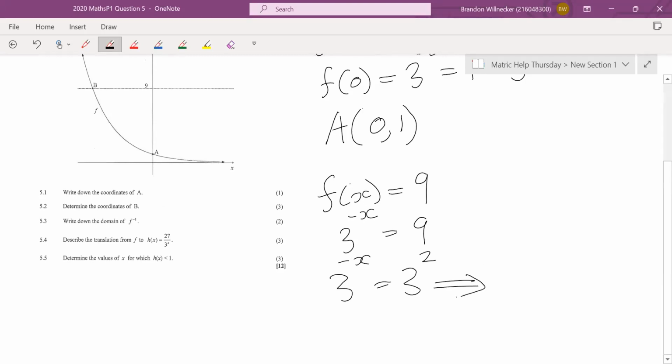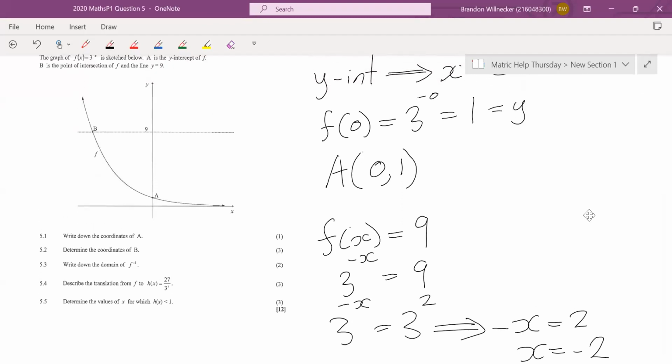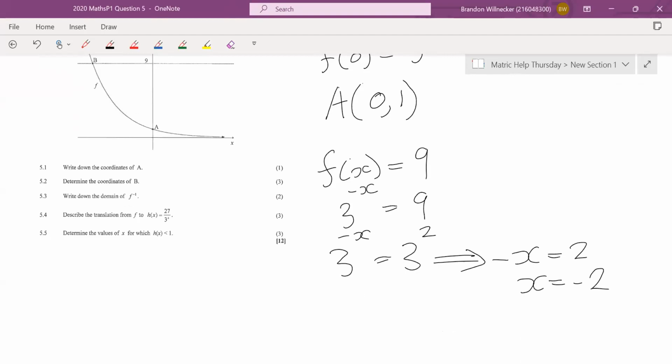So minus x is equal to 2, so x is equal to minus 2. And we can do a quick sanity check there. B is on the left-hand side of the y-axis, which means x should be negative. And look at this, we do have a negative answer for x, so that makes sense.